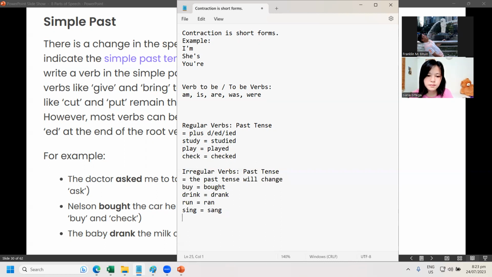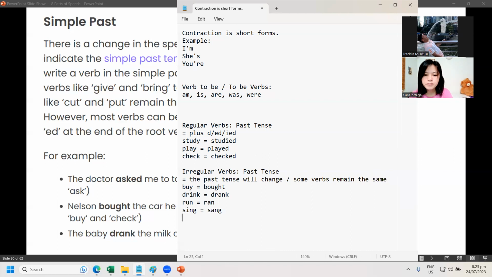There are some verbs that remain the same in the past tense. So what do you mean by some verbs remain the same? If you say cut, what's the past tense? It's still cut. You say put, the past tense is still put, the same thing.